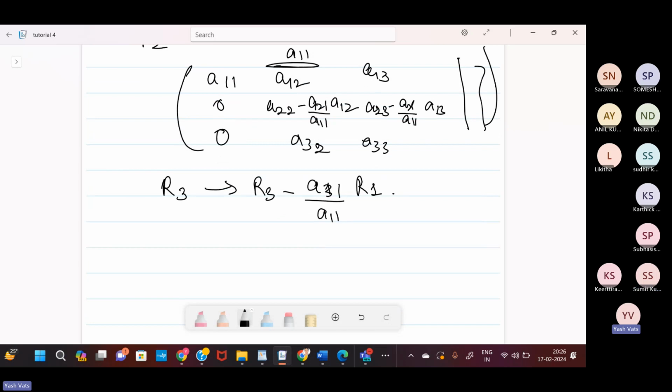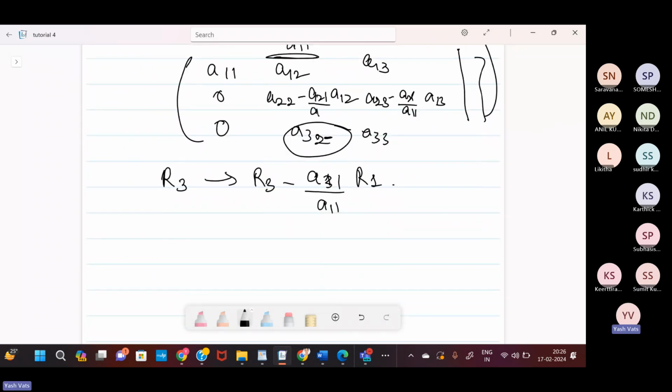I'm not writing. And similarly here also some value, and here also some value. Then you just try to divide by this one and multiply by this one. Anyway, you can do this. Is it clear? Yeah, clear. Okay.